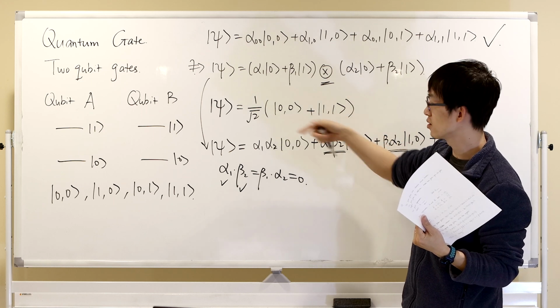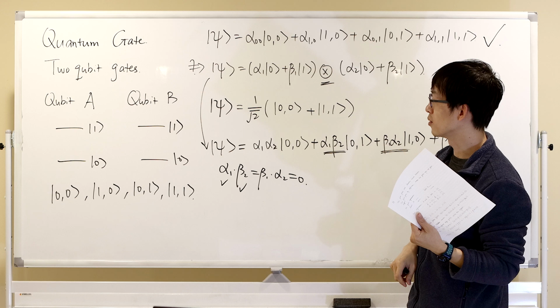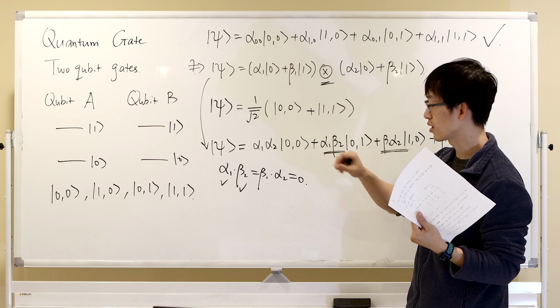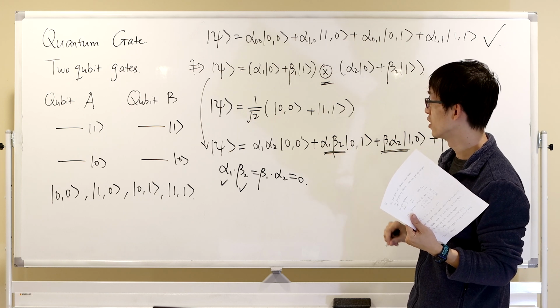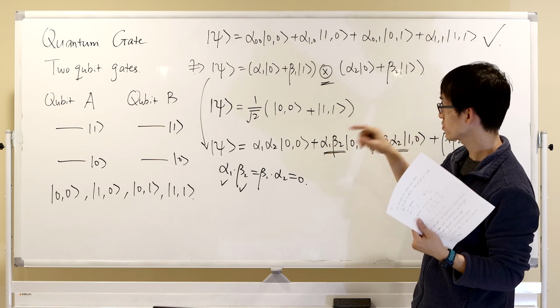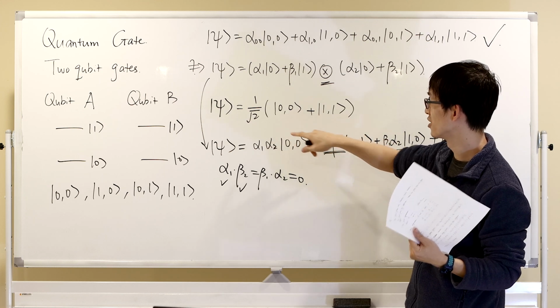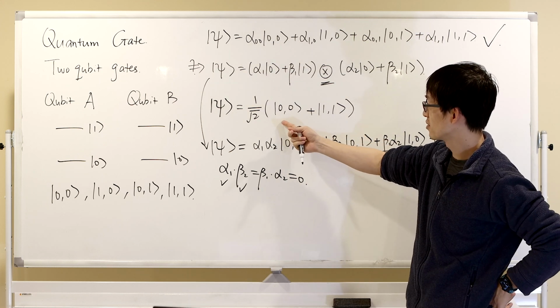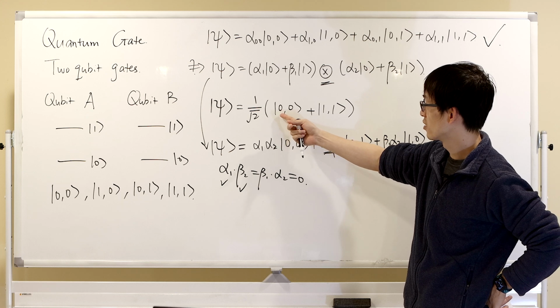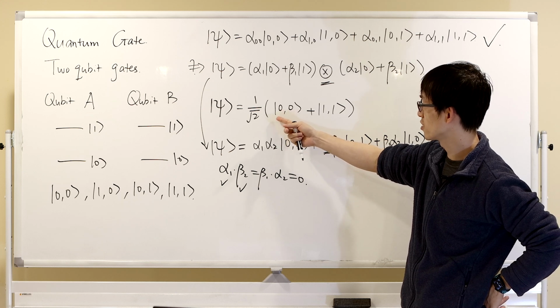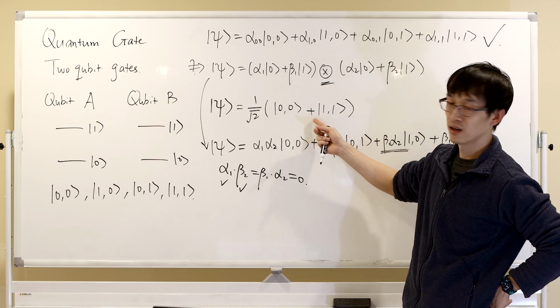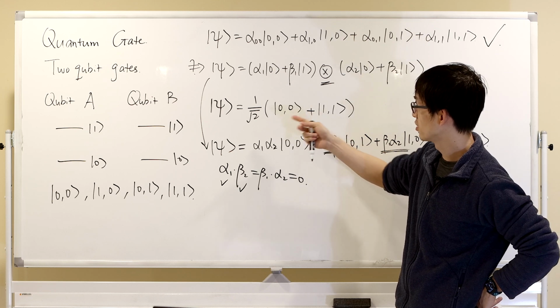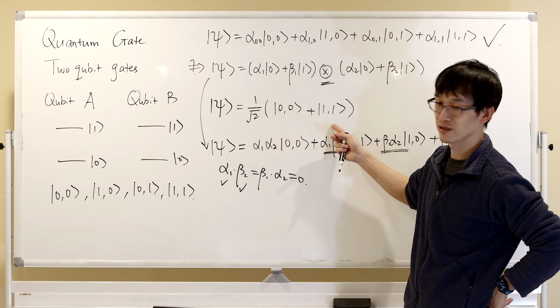So this is a very, very critical difference between a classical bit and a quantum qubit. If you take a further careful look at this state, if you try to measure the first qubit, you will get 50% 0, 50% 1. If you measure the second qubit, you will also get 50% 0, 50% 1.